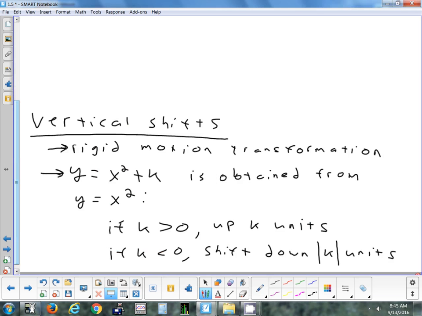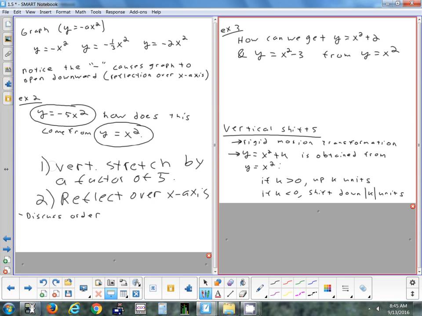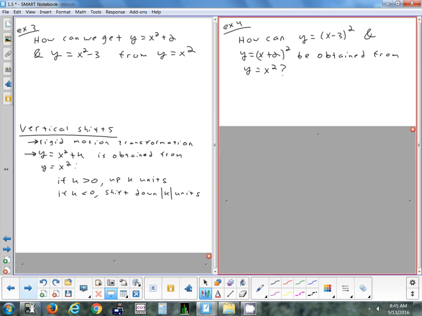Okay, so if you have a minus, it'll shift it right. If you have a plus, it would shift it left. Okay, and that's the way it works. Again, a horizontal shift, that's a rigid motion transformation. It doesn't distort anything, it just moves it.